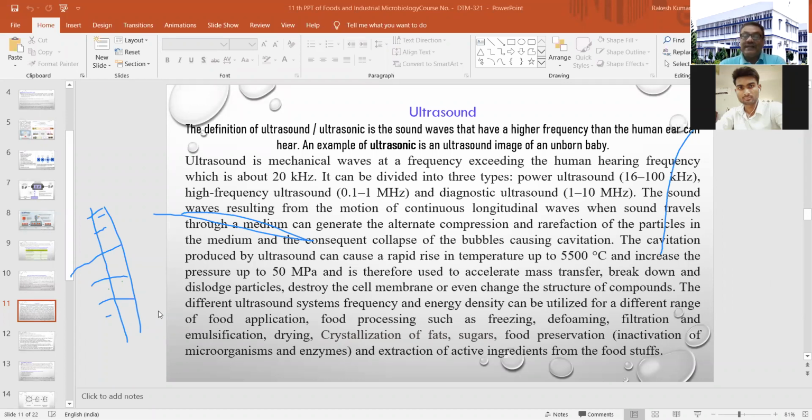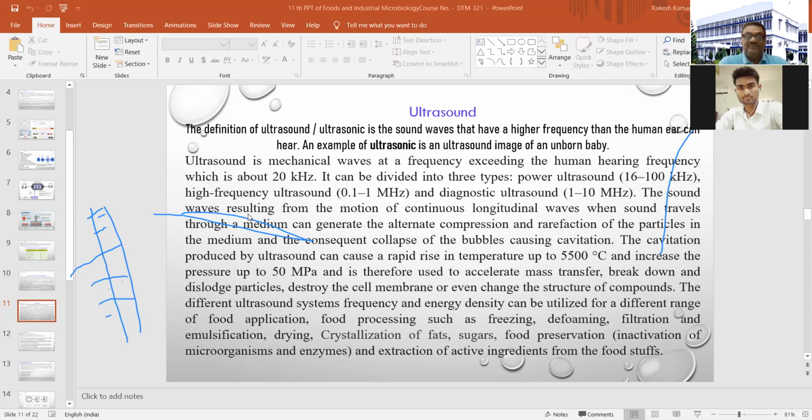And it can be divided into three types. Power ultrasound, in which you are using a lower level, 16 to 100 kilohertz. High frequency ultrasound, that is 0.1 to 1 megahertz. And diagnostic ultrasound, that is very high, 1 to 10 megahertz.